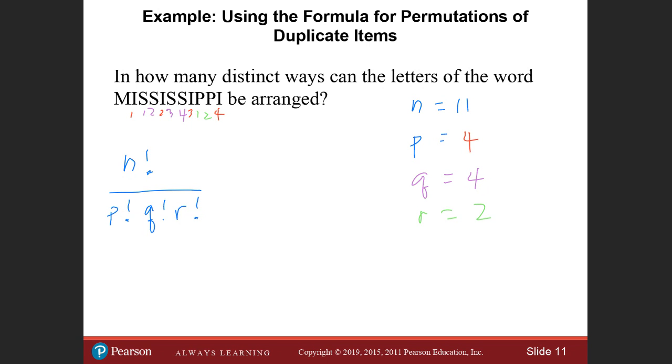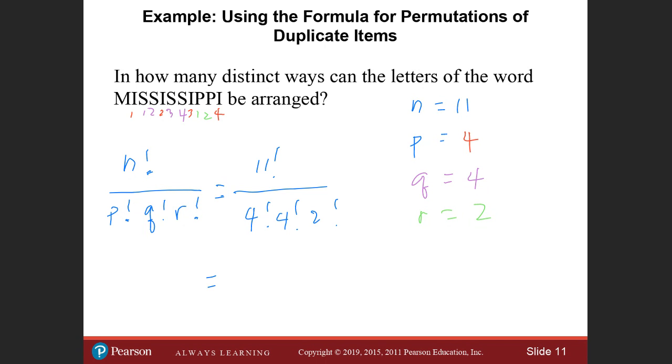So try to plug in the values: n factorial, that means 11 factorial over p, which is 4 factorial, q is 4 factorial, and then 2 factorial, and then evaluate, and that would be the number of ways.